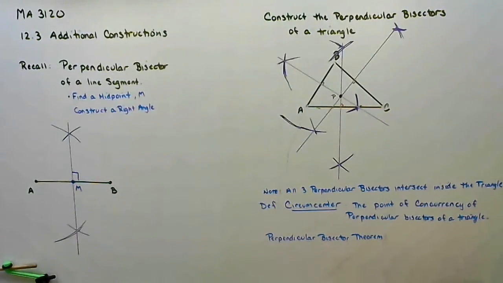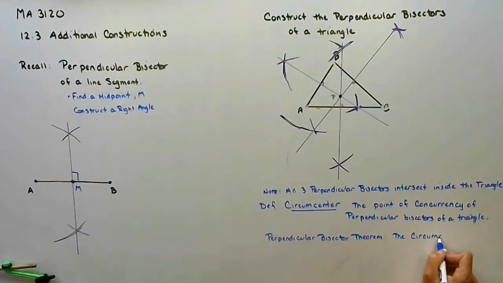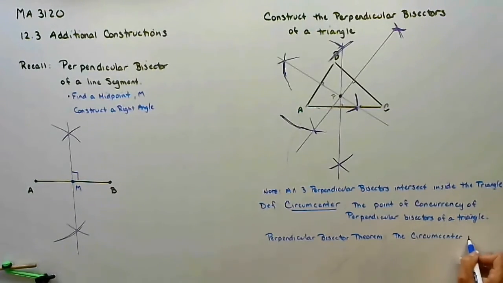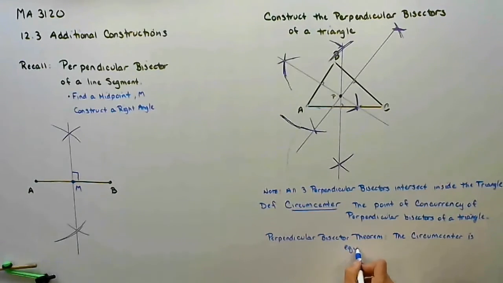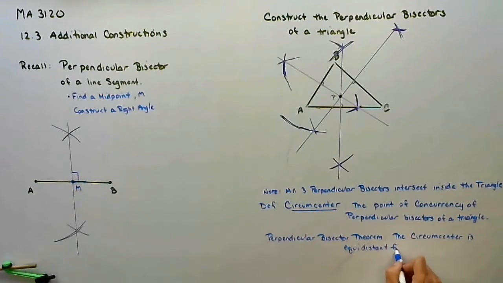Any point that is on a perpendicular bisector ends up being equidistant from the vertices. That point of concurrency, the circumcenter, is equidistant from each vertex of the triangle.